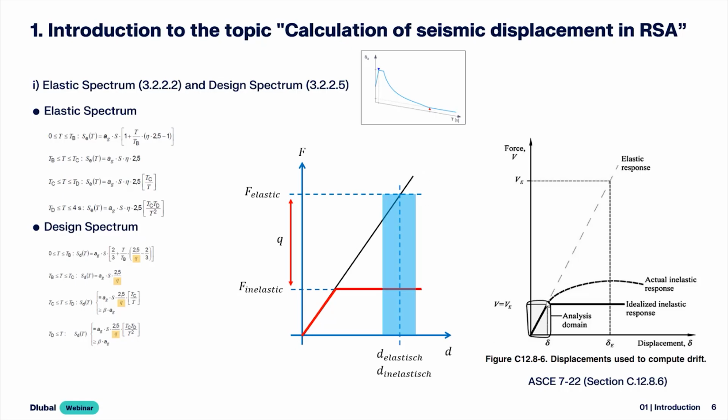Just to remark here that the actual inelastic response of the structure is something between our idealized inelastic response and the elastic response. Now we are somewhere in the middle, but we have some assumptions in the displacement where we calculate the real displacement and the elastic displacement. Okay, enough with this first topic.